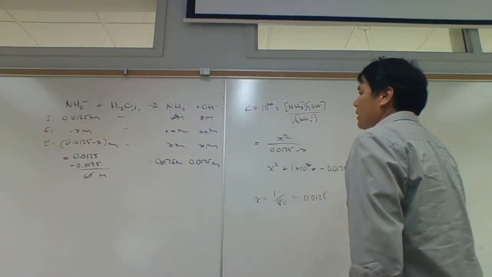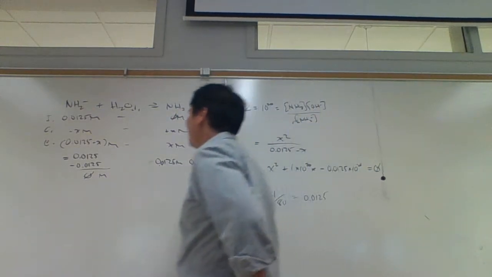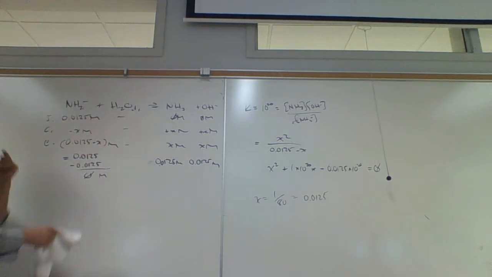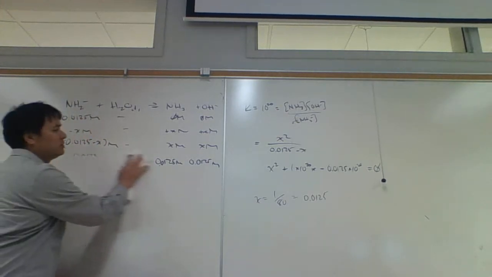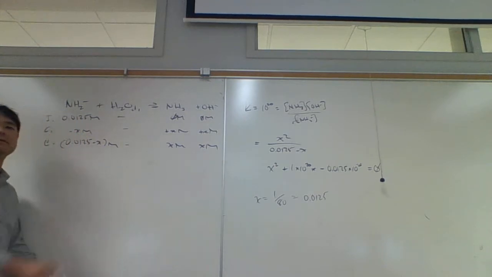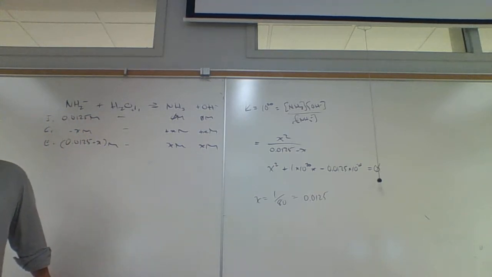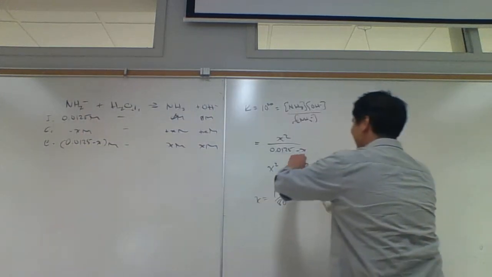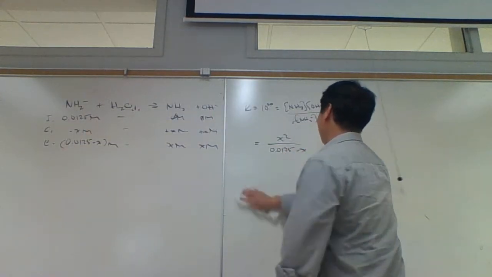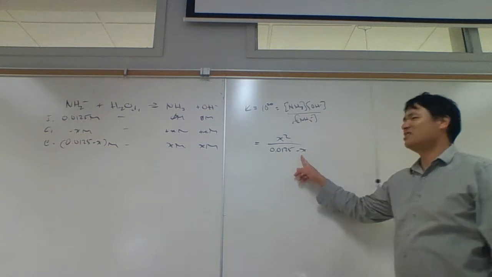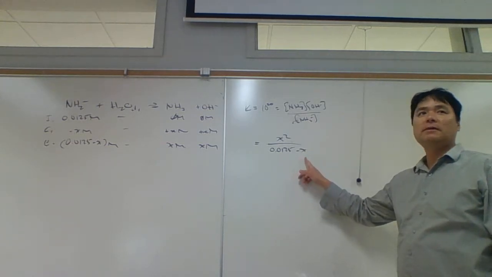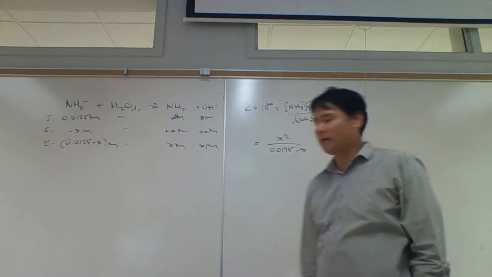So what can we do? Well, one of the things we could try is the simplifying assumption, maybe. Remember the simplifying assumption? The simplifying assumption is we could just assume that the change is small here. If we assume the change is small here, then maybe that'll work. So let's go ahead and do that.